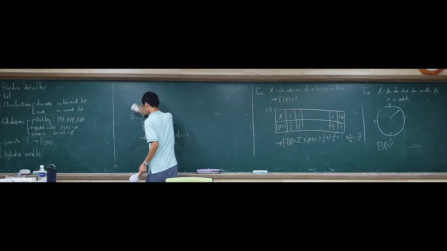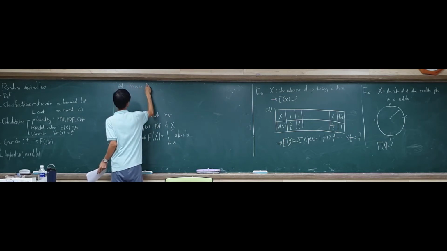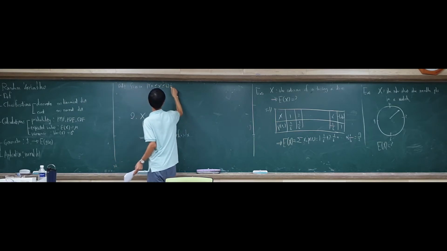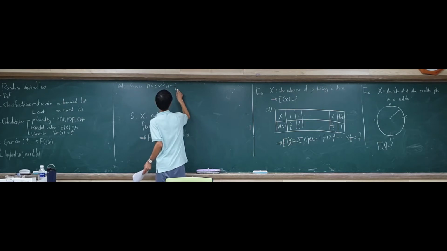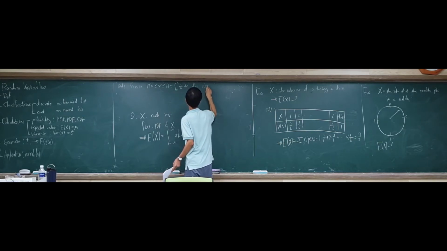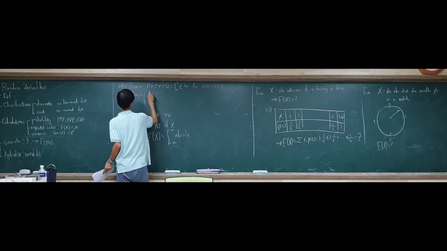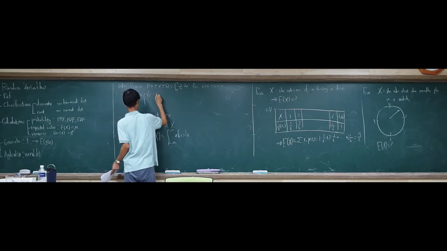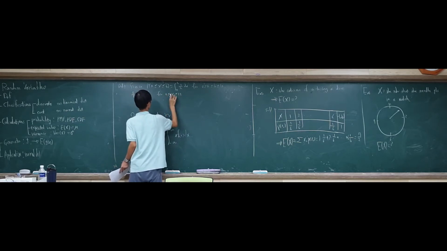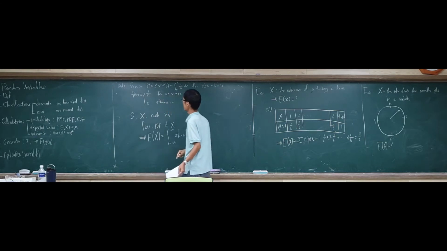The probability density function can be considered as 1 over 12 for x a number between 0 and 12, and otherwise it is defined to be 0.